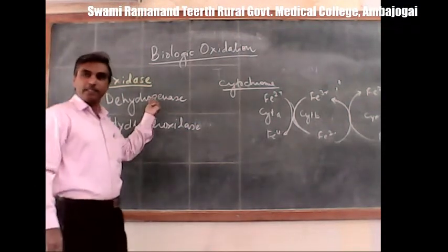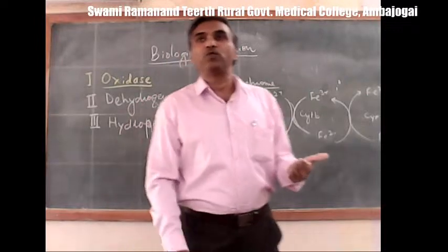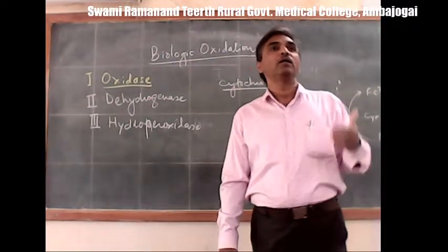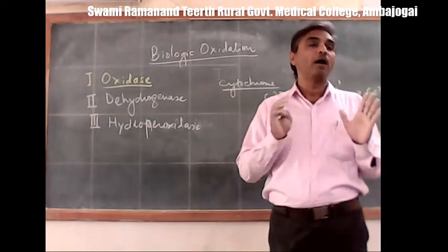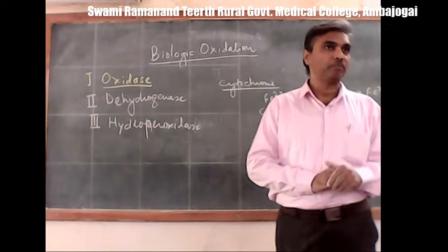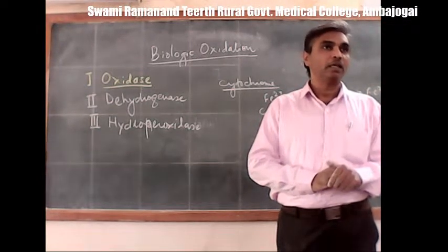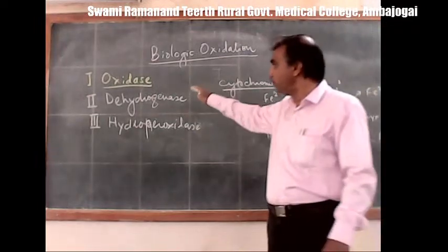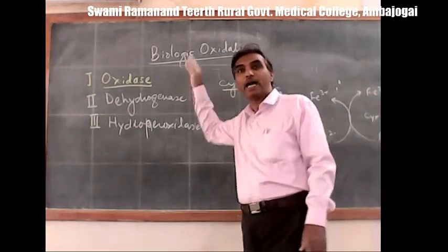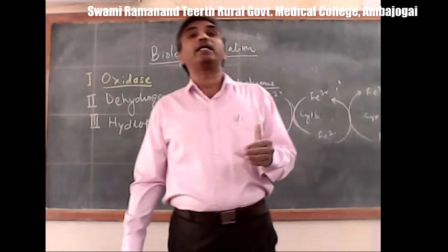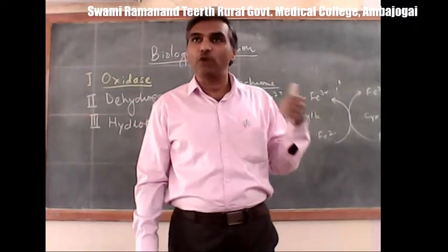Oxidases and dehydrogenases are the two enzymes which are required for the oxidative phosphorylation process. Enzymes from dehydrogenases and oxidases are involved in the electron transport chain for oxidative phosphorylation.